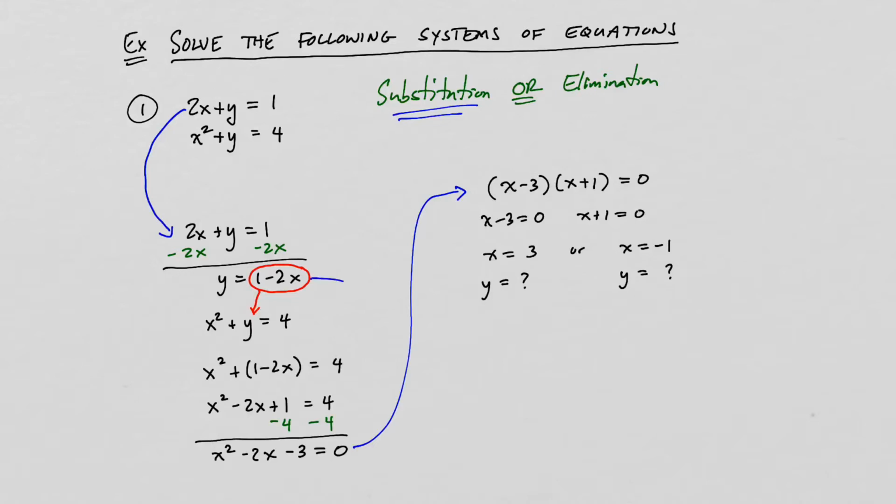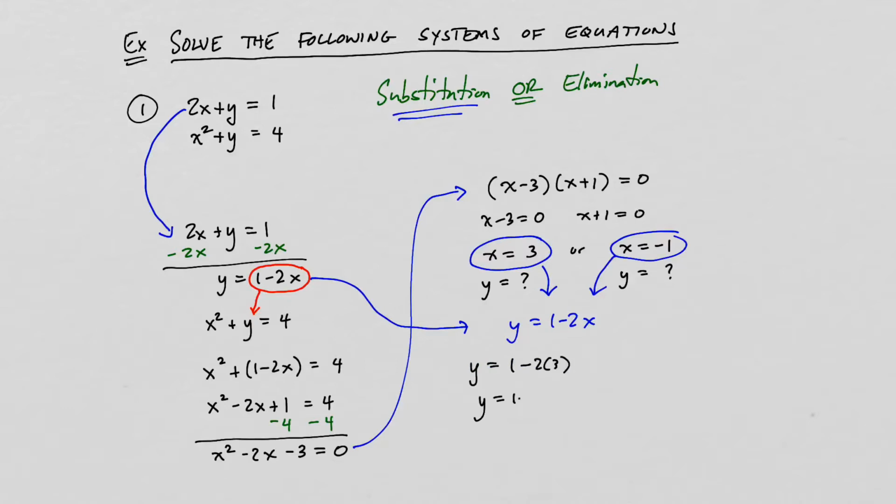We know that y equals 1 minus 2x. I'm going to take each of these x values and plug it into this equation to find the corresponding y value. So when x equals 3, y will be 1 minus 2 times 3, which is 1 minus 6, and that gives us a y value of negative 5.